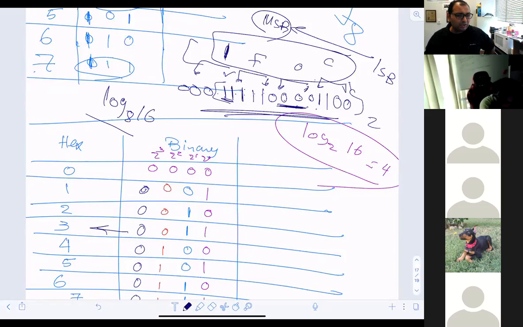You know how to calculate log base 8, right? Yeah, it's log 10 of 16 over log 10 of 8. Make sense? Yeah.